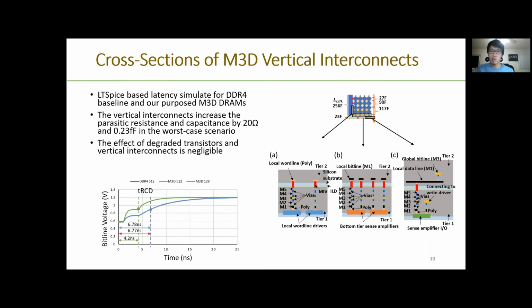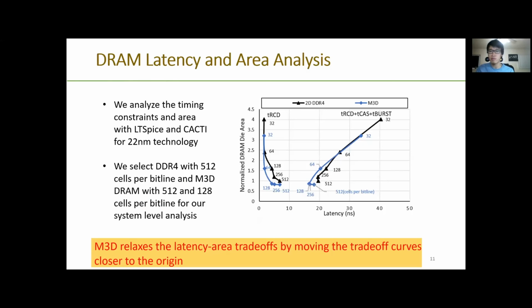The same method applies to the sense amplifier connecting to the local bit line, and the sense amplifier I/O connecting to a local data line. Our analysis shows the extra resistance and capacitance from the vertical interconnects actually does not increase the latency or energy consumption significantly.